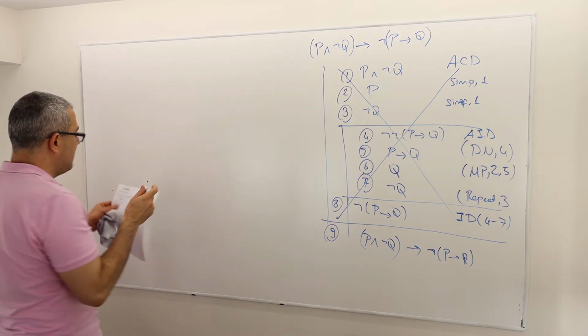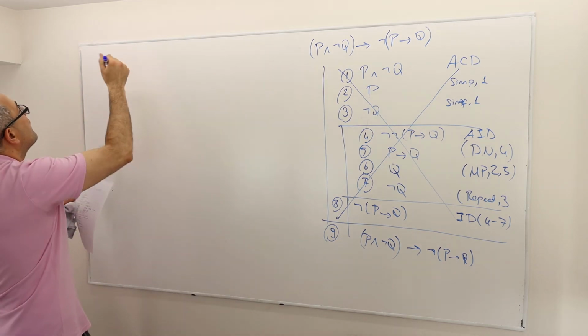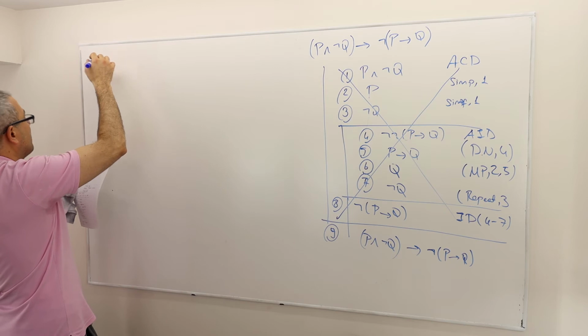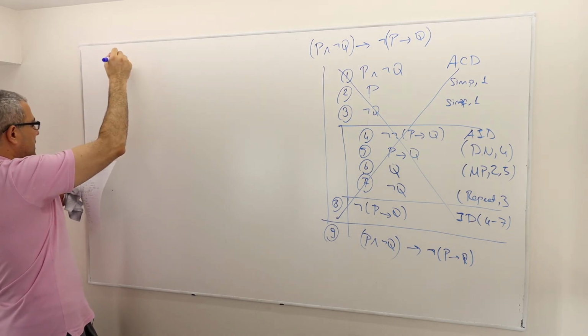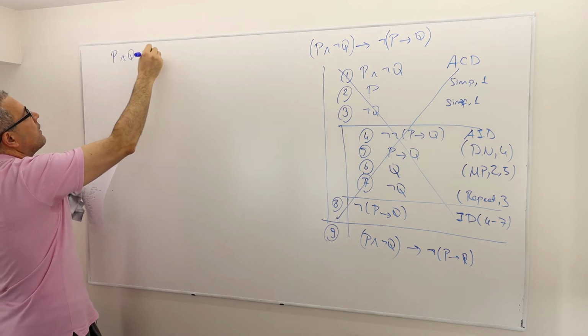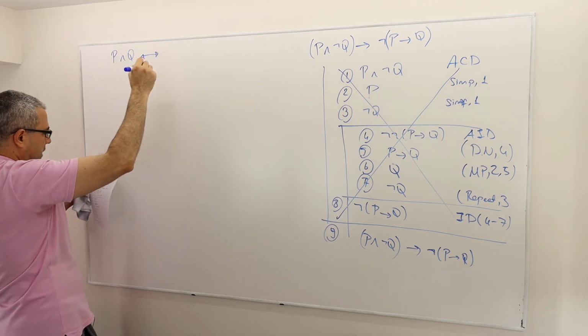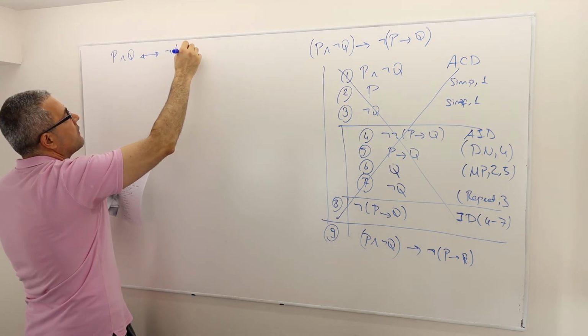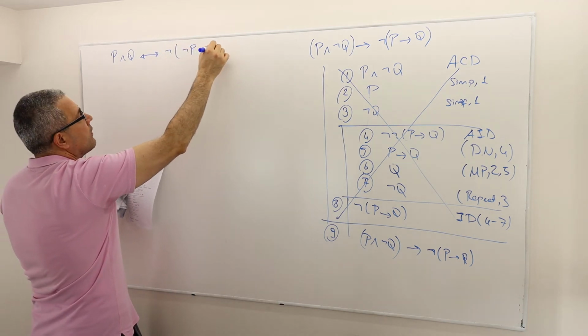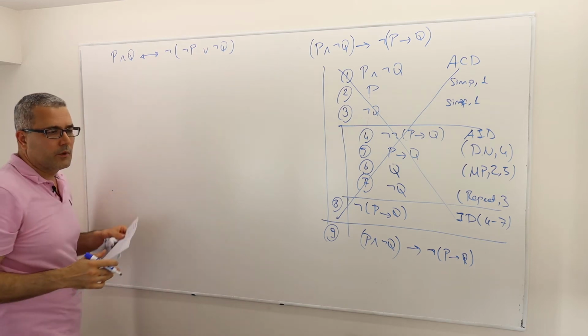All right, so here is the theorem that I wanted to prove. This is the third problem in section 8. So P and Q, if and only if, meaning equivalent to, not P or not Q. Okay?